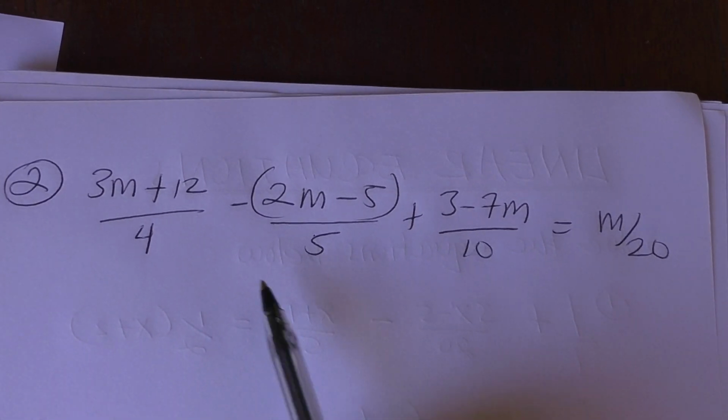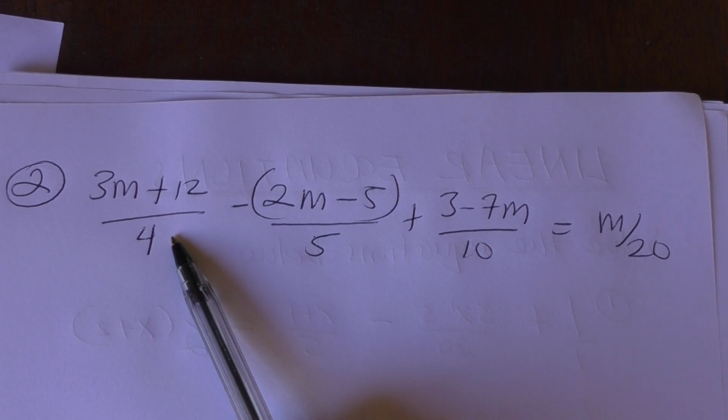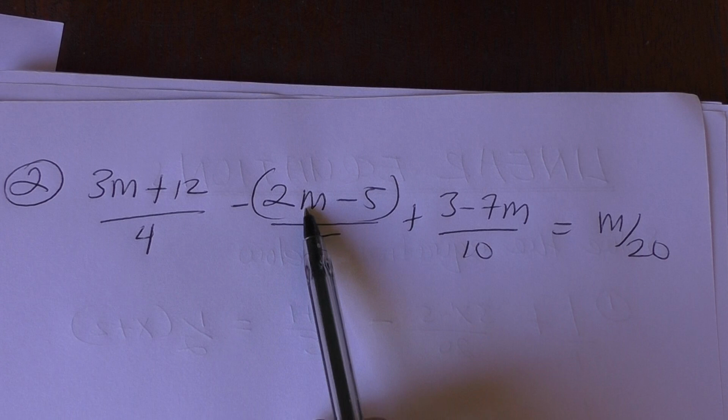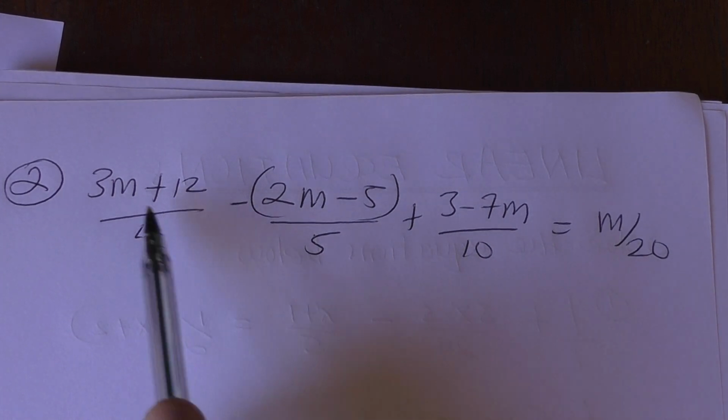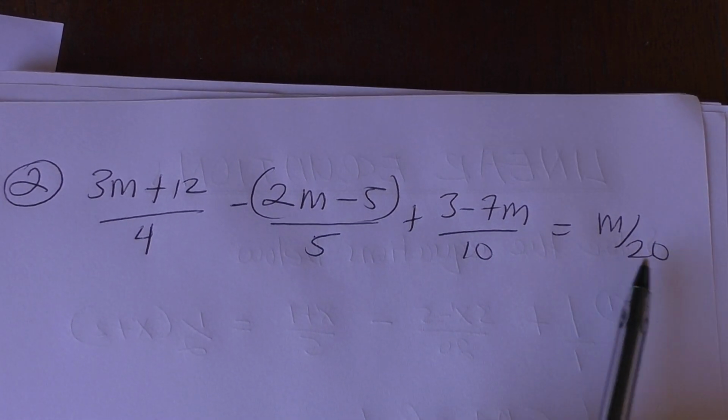So this qualifies to be called a linear equation. Why? Because it has one unknown, that is m, and that unknown is of first degree, that is m to power 1.